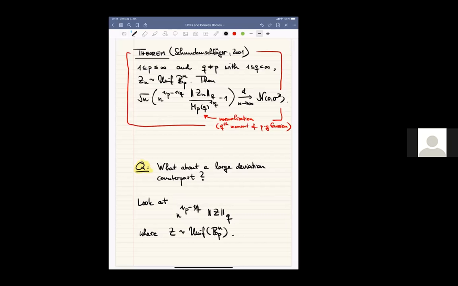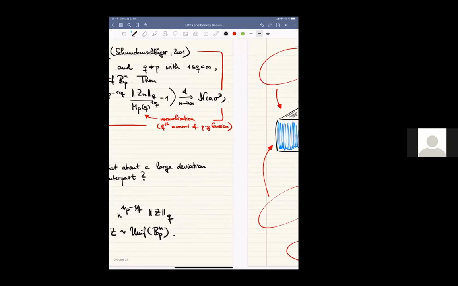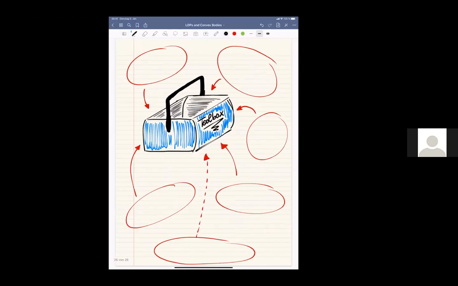And because Zahar had so nice pictures, I also made a picture. We now put everything that we had so far in our toolbox. This is principle 1: you remember, if you have a vector which has independent coordinates, then you get a rate function which is the sum of the rate functions.